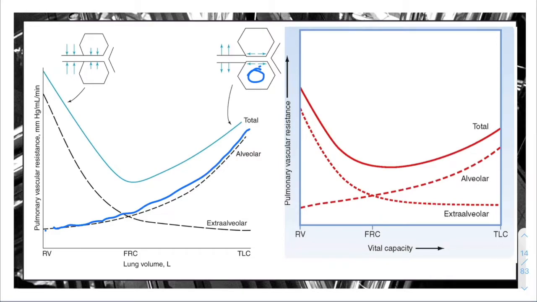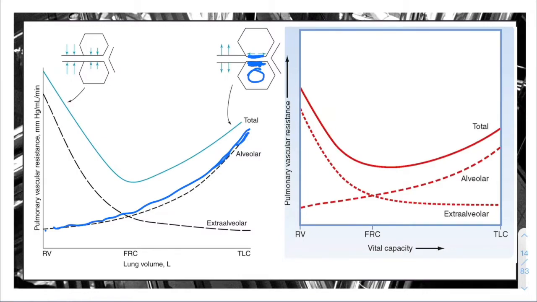If you inhale to total lung capacity, the alveoli will expand, causing lengthening of your alveolar capillaries, and the diameter narrows. So the pulmonary vascular resistance will increase in your alveolar vessels.